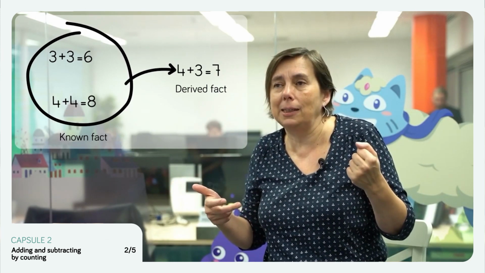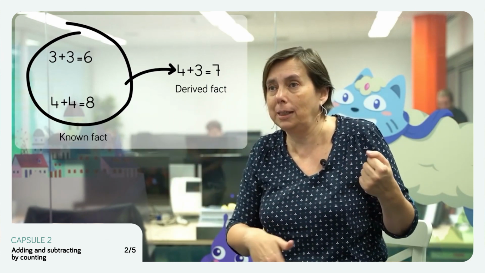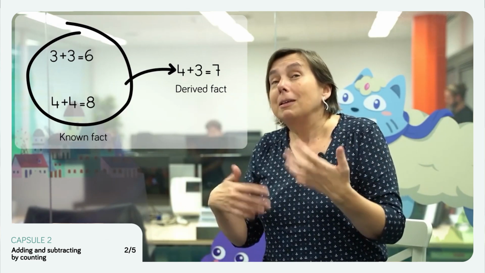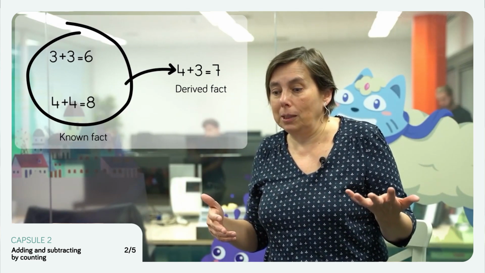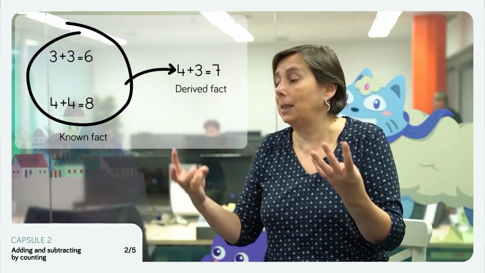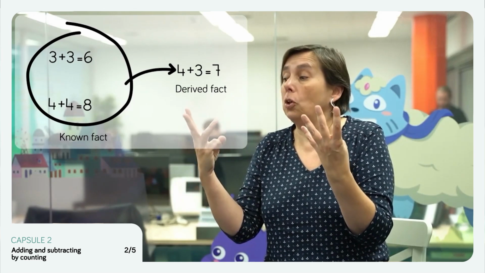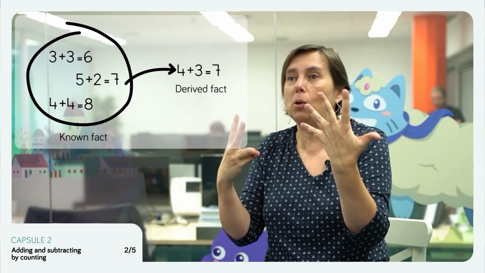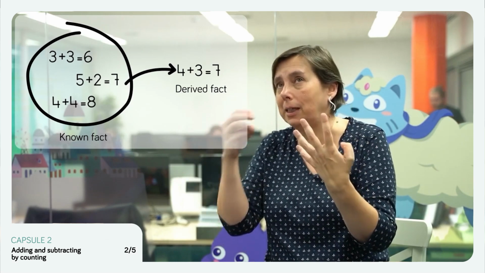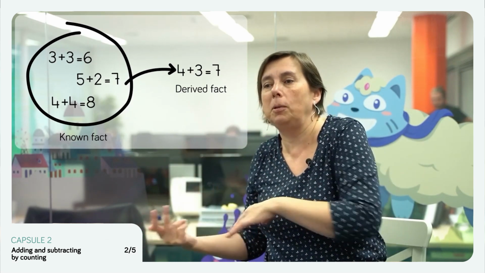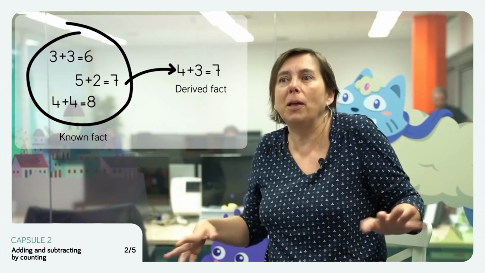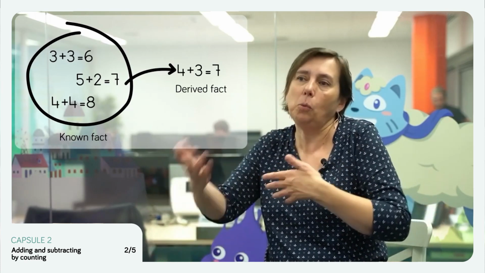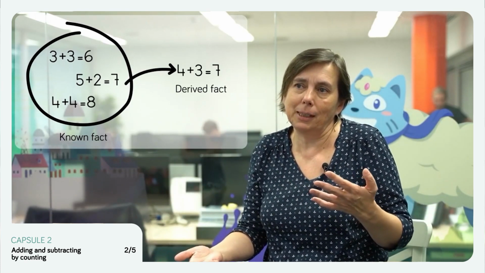They already know that there are 5, and they see that with 3 here, now there are 8. So on the basis of a question like that, the girl thinks, if I have 4 plus 3, then I take 1 away from there, and there are 5 plus 2. That's her way of reasoning. 4 plus 3 is the same as 5 plus 2. So if 5 plus 2 equals 7, which I know from memory, 4 plus 3 will also be 7.